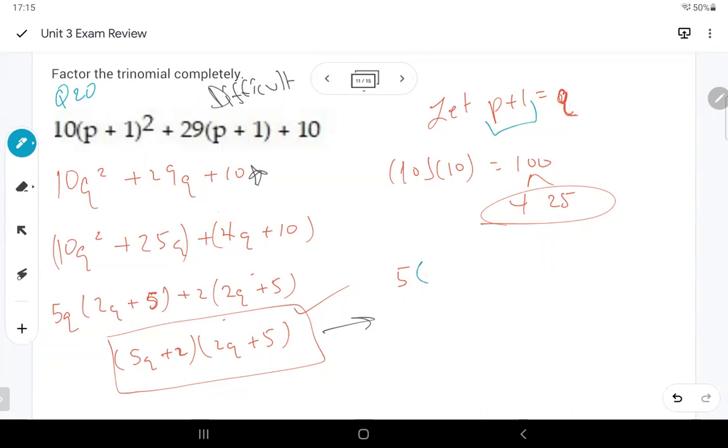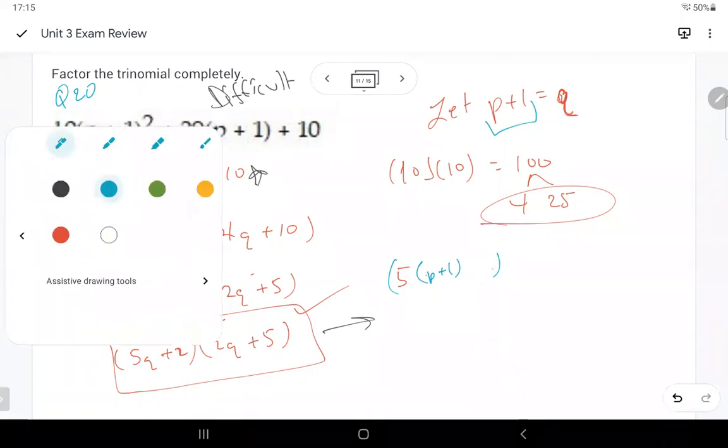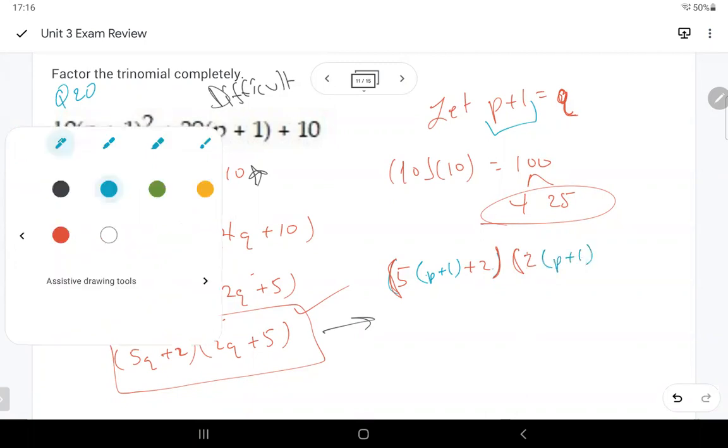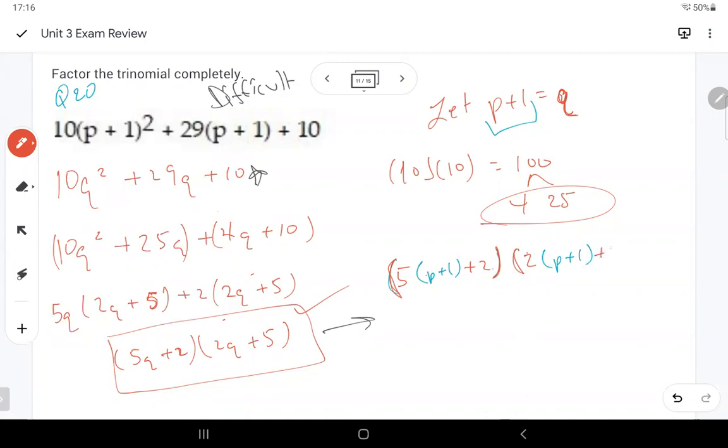So 5 times (p plus 1) plus 2. And then let's do 2 times (p plus 1) plus 5.